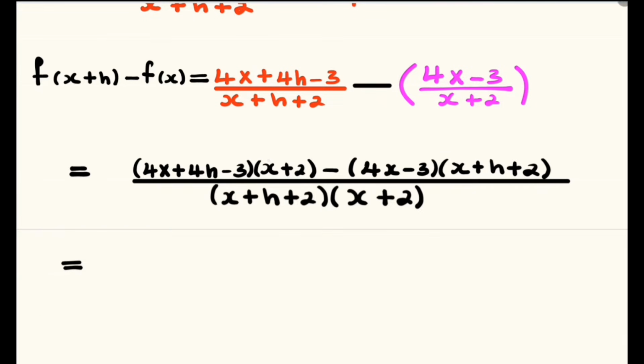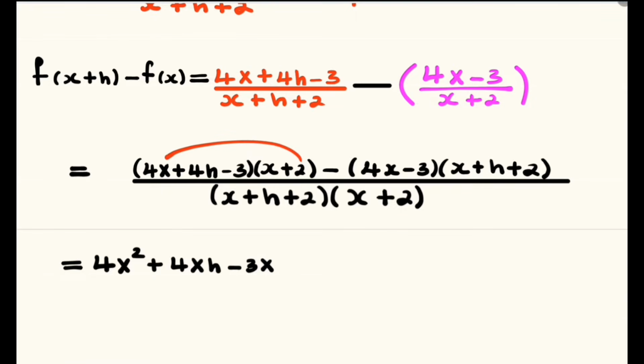We first start by distributing that x into the other parentheses, and x multiplied by 4x is 4x squared, and x multiplied by 4h is 4xh, and x multiplied by negative 3 is negative 3x.